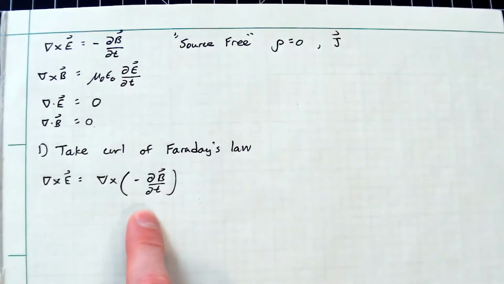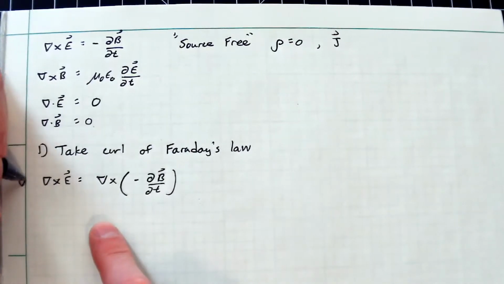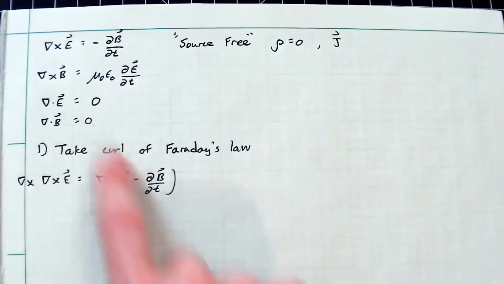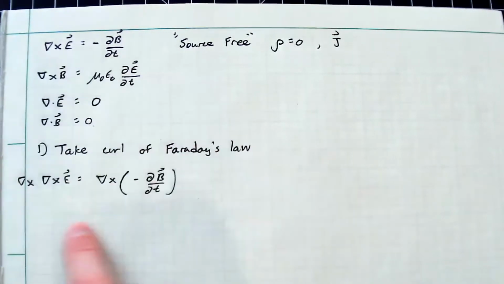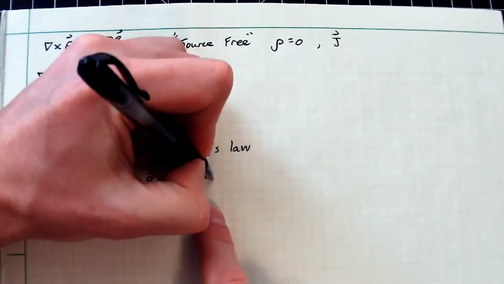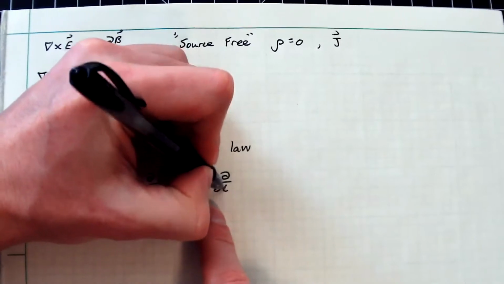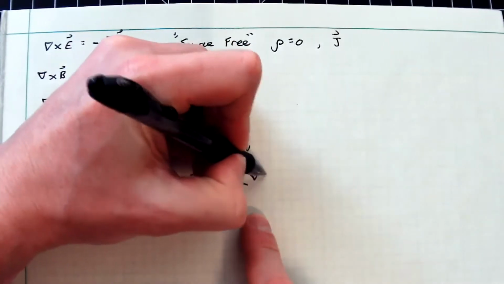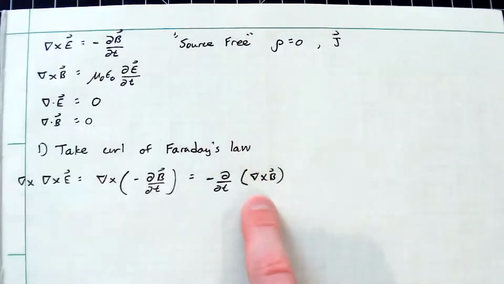I put a little curl on both of those terms. Fun fact, the derivatives here commute, so I can write this as negative partial with respect to t of del cross B.